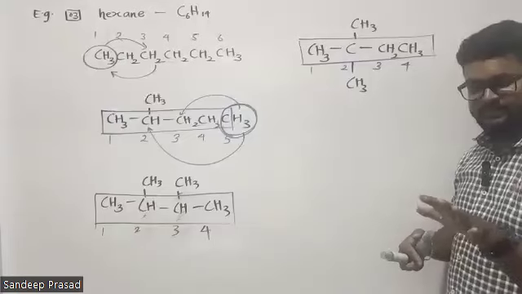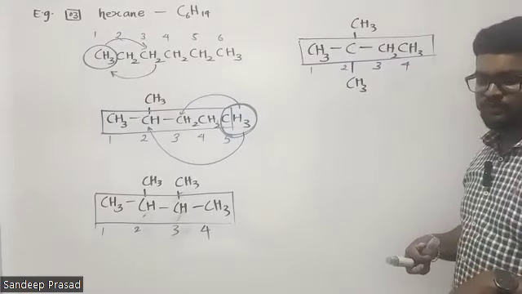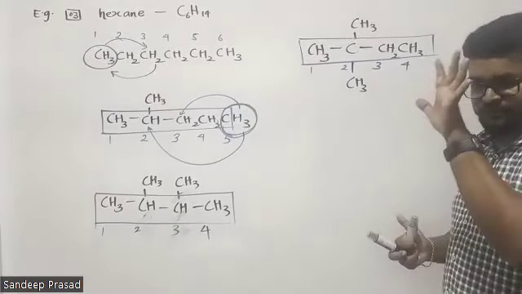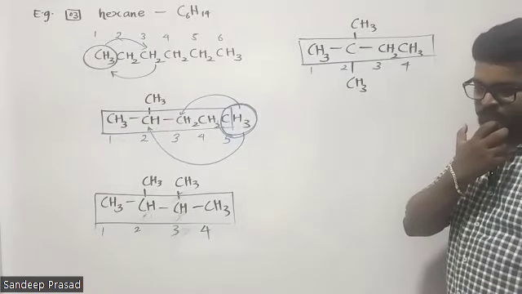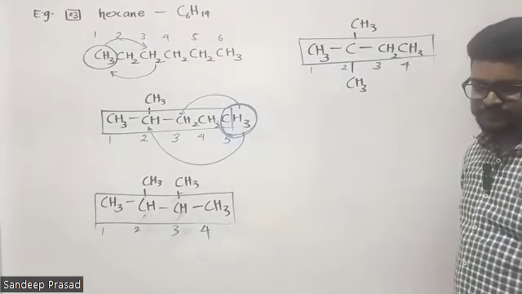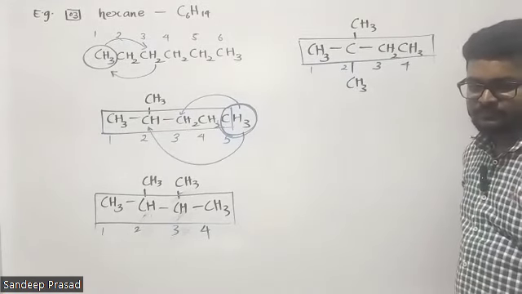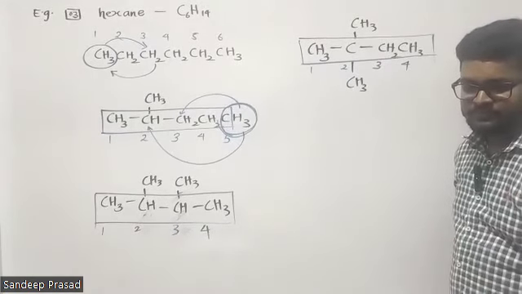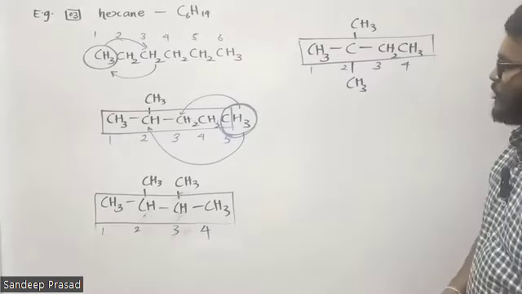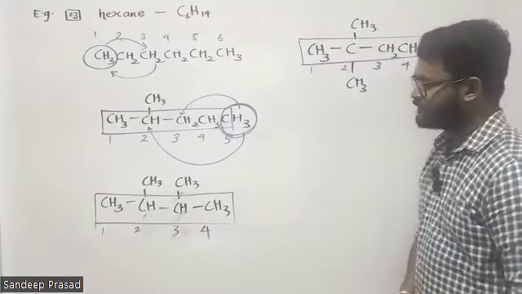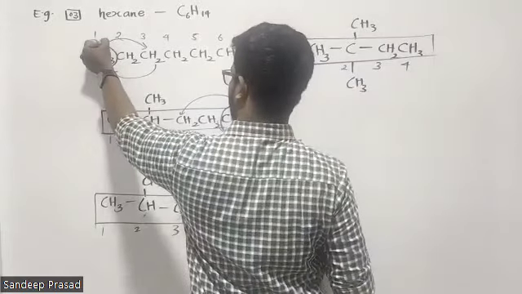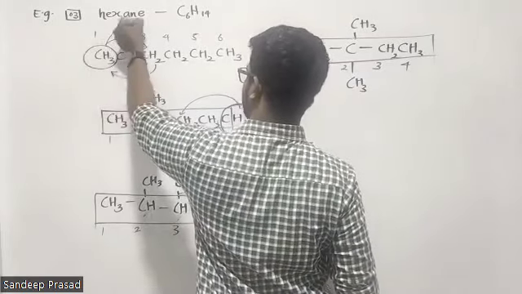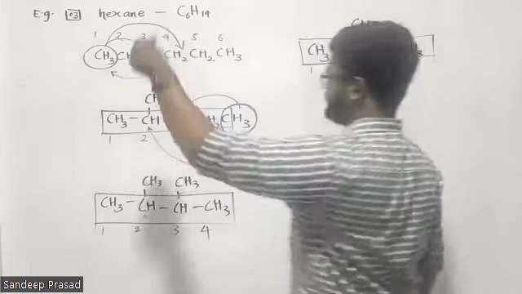And you told me that 4 structures can be drawn. Did anyone here draw 5 structures? Students, why didn't you realize we can draw a structure by shifting the CH3 to the 4th carbon atom?